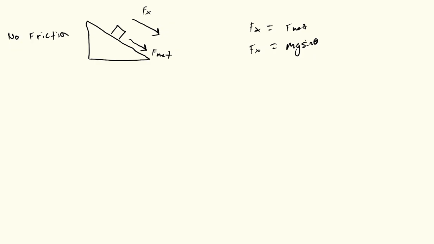Fx is technically F net, but to simplify we're going to keep it Fx. Any force is equal to mass times acceleration. So mass times acceleration is equal to mg sine theta. The two masses cancel out, so acceleration is equal to g sine theta.